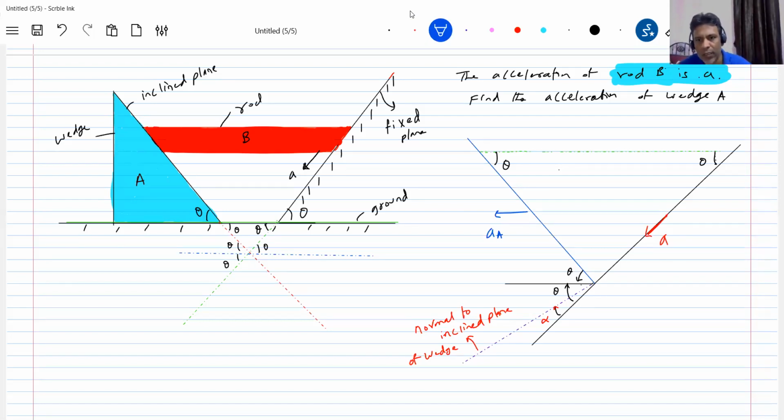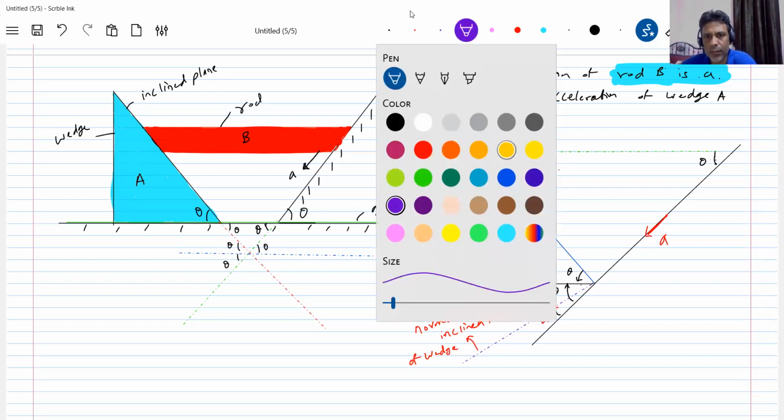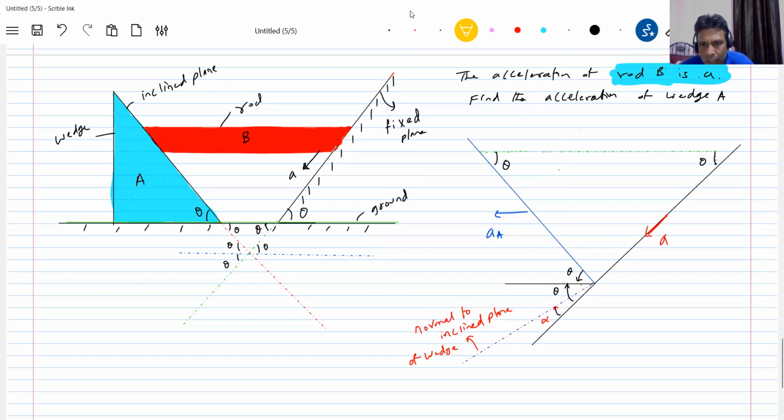What should be equal now here? Any relation between the angles? This total angle should be 90 degrees, because it is perpendicular to the inclined plane. So this is that inclined plane of the wedge.